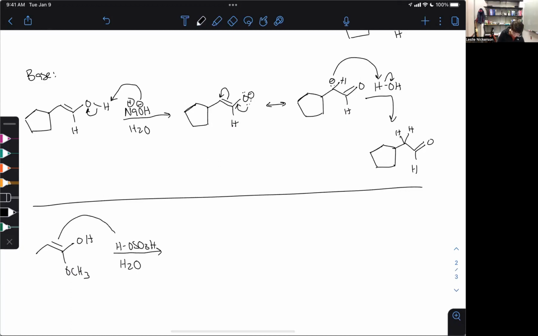We can just protonate the carbon, leaving a carbocation behind. We can resonance stabilize that new carbocation.